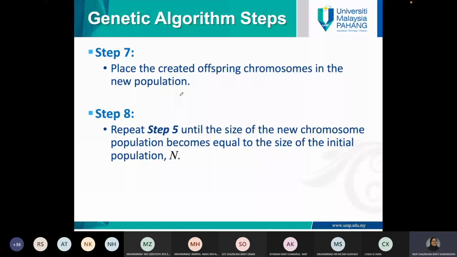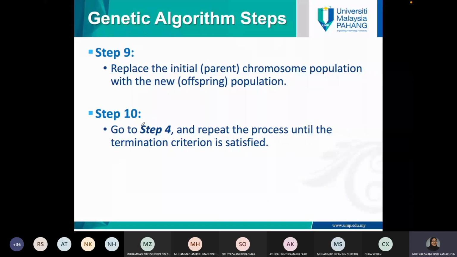And then we repeat step 5 until the size of the new chromosome population becomes equal to the size of the initial population. Step 9, we replace the initial parent chromosome population with the new offspring population. And after that, step 10, we go to step 4 and repeat the process until the termination criterion is satisfied.